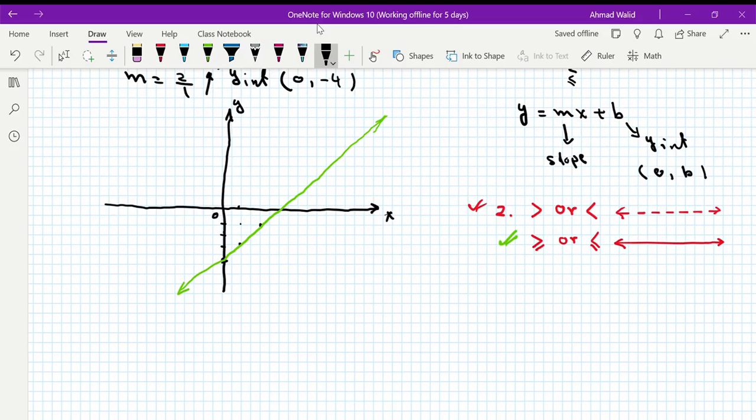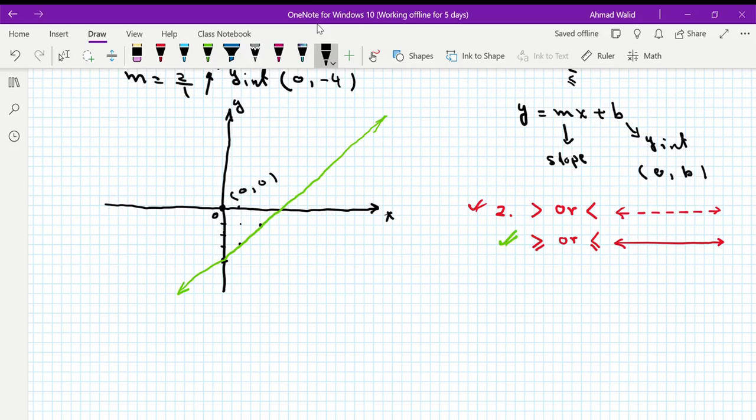Test point means you choose a point from the left side or the right side, and it should satisfy the linear inequality, correct? For example, the easy point for me is this point, 0 and 0, right?